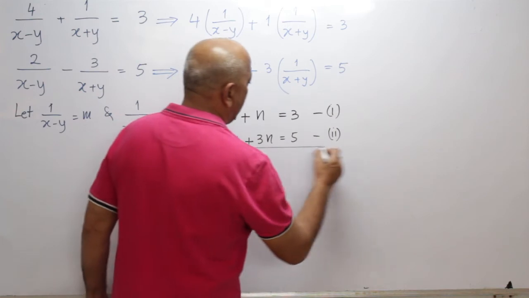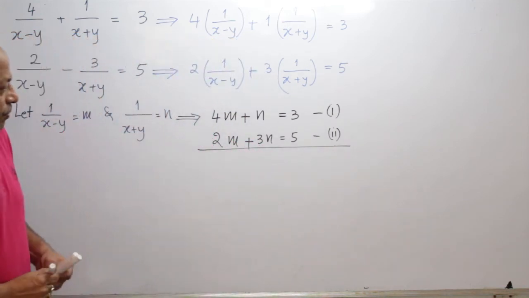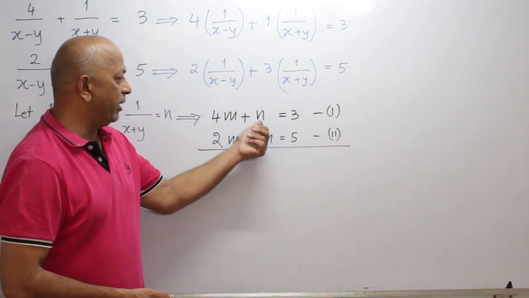Here we can solve these two equations. Here there is 3n, here there is n.